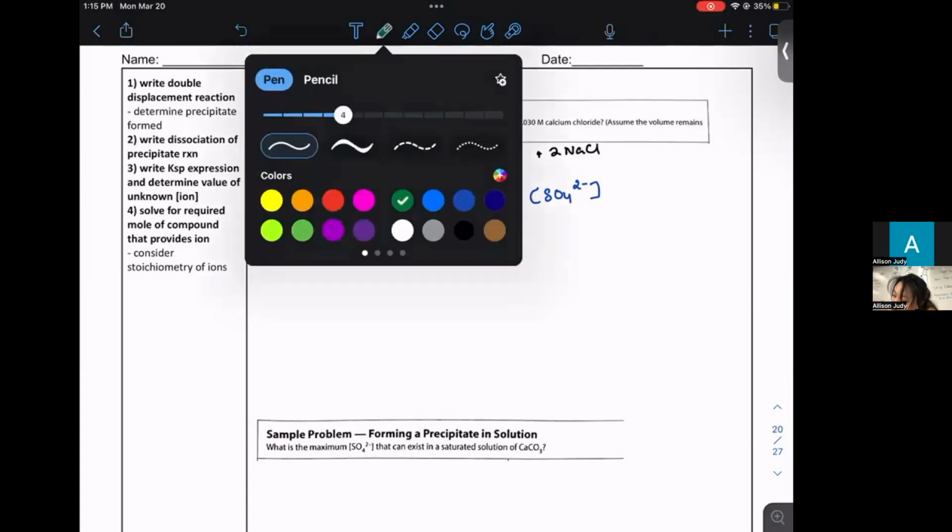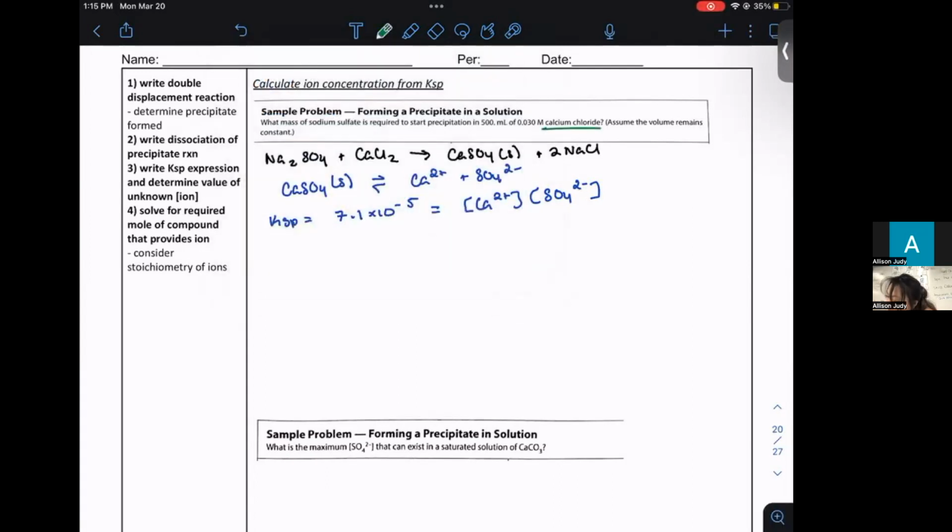From this ionic compound, calcium chloride, we're told that we have a concentration of 0.03 molar calcium chloride, which is going to give us a concentration of calcium in a 1-to-1. So the concentration of calcium is 0.03. Sulfate, on the other hand, we are told that we are going to get from sodium sulfate. And we don't know what that is, actually. Well, that's what we're going to try to solve for. This is our X. We don't know what that is.